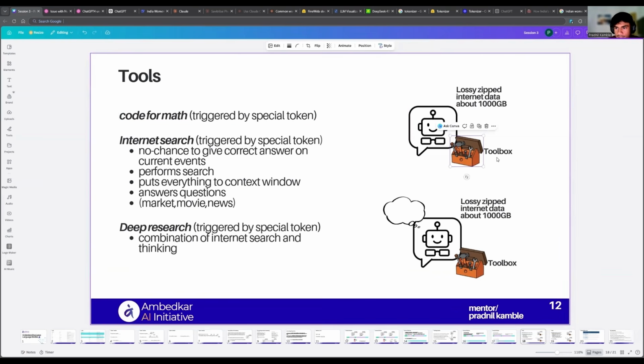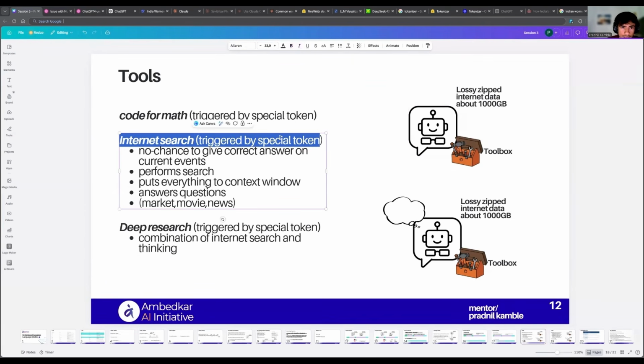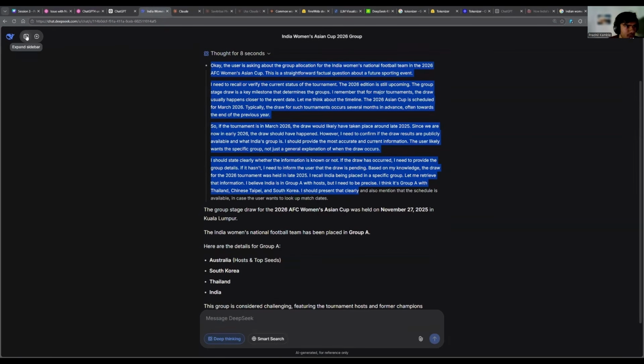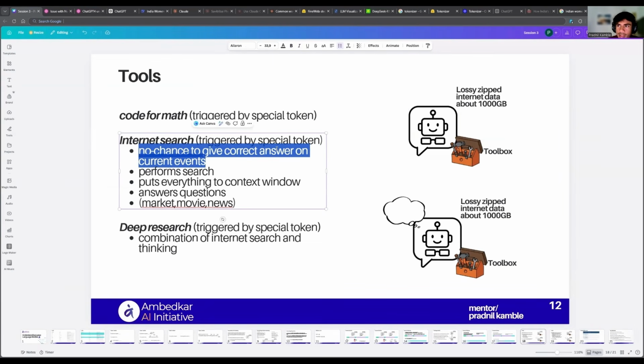So our ChatGPT, or our LLM assistant, is now enhanced with a toolbox. I also use internet search, which we actually did, right? In our previous conversation, we used internet search to find out what's going on with the Indian women's football team at this point, right?